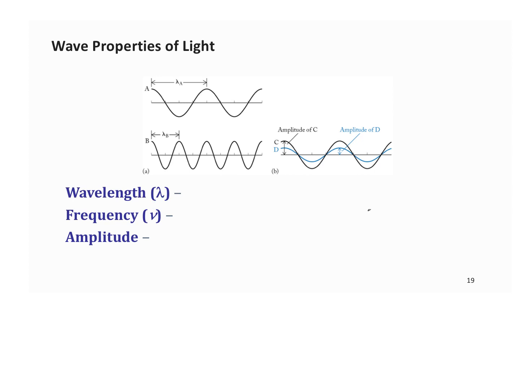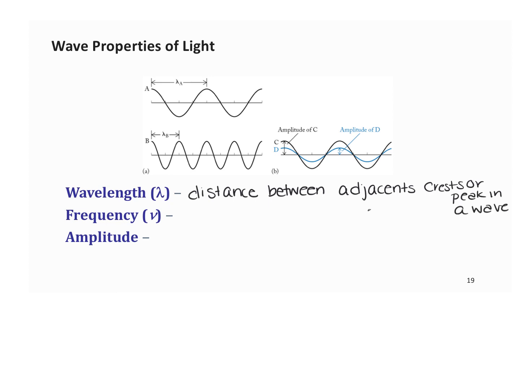And that is just the distance between adjacent crests or peaks in a wave. When we talk about crests, these are the little peaks. We can also talk about troughs, which are where it bottoms out. And when we talk about wavelength, it's this length here.